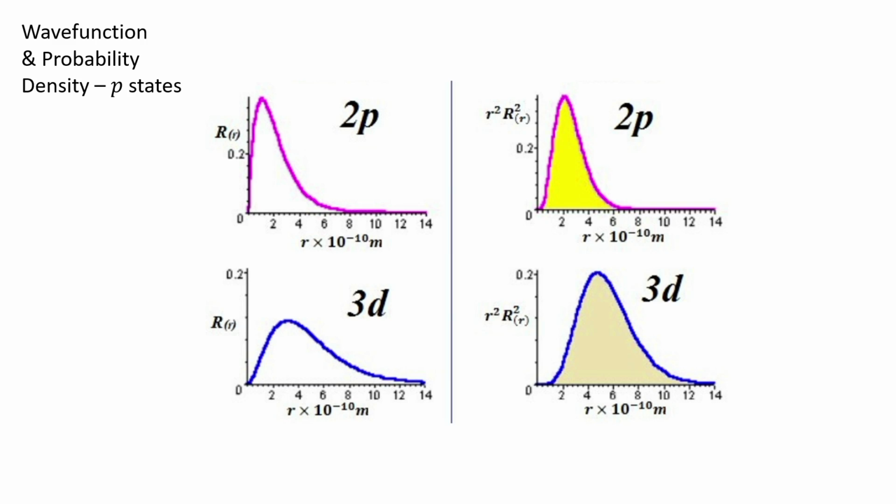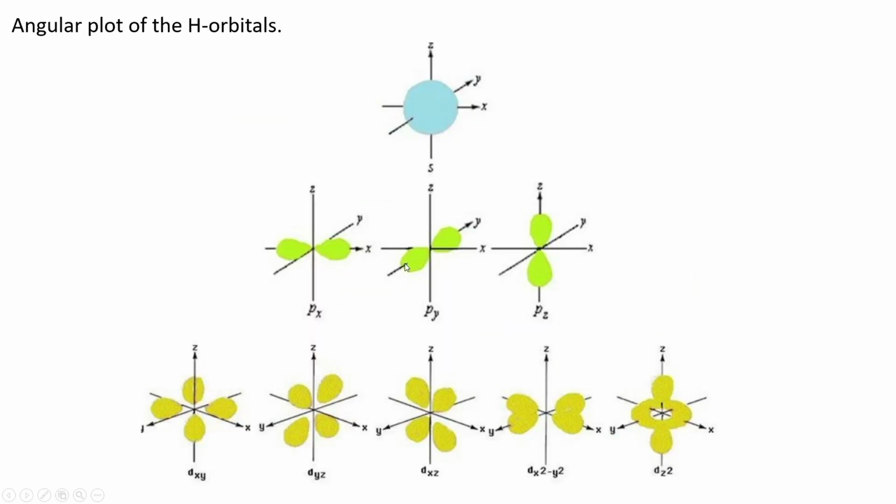The first number corresponds to the value of N, and the second corresponds to the value of L. So, this means N equal to 2 and L equal to 1, and this is N equal to 3 and L equal to 2. That is the depiction of the wave function and the probability.